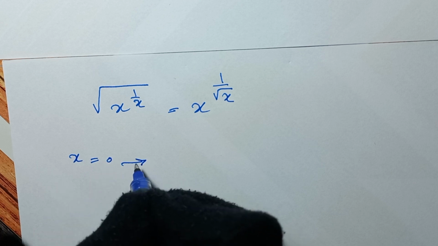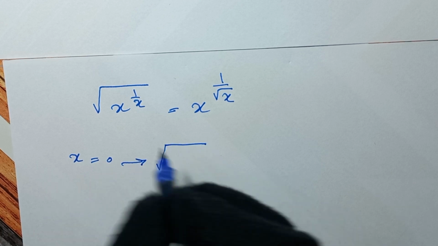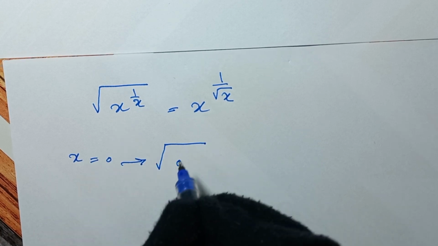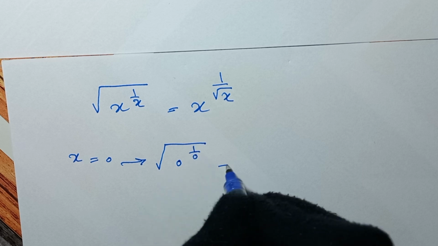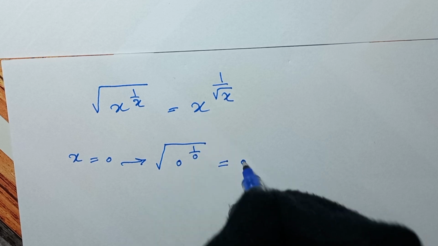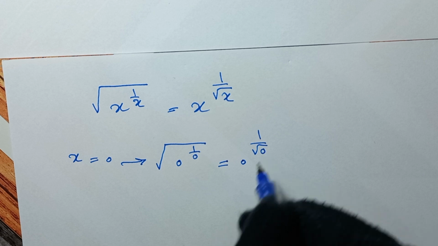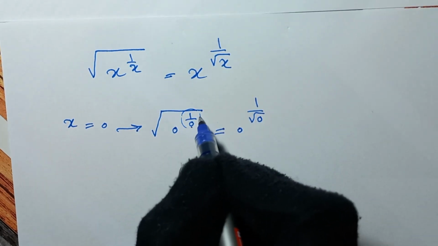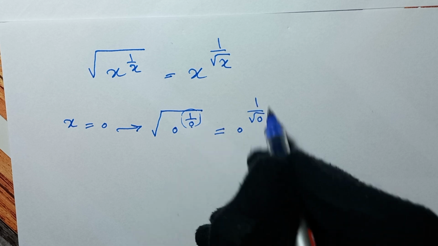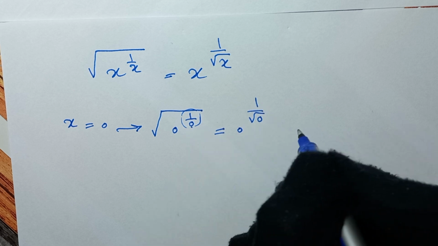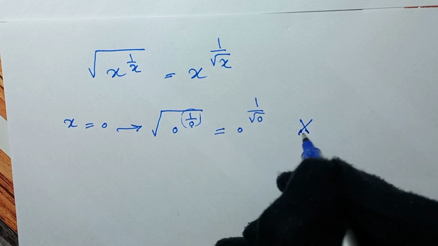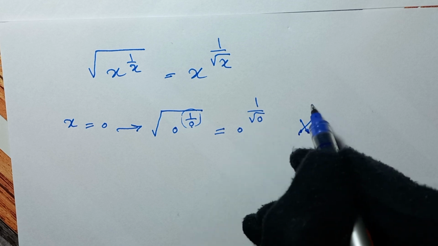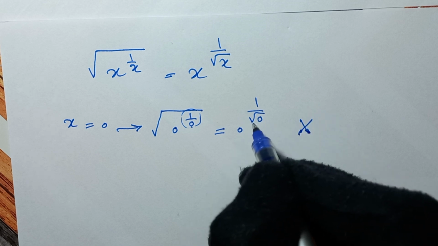So it will be square root of x is 0. 0 to power of 1 over 0 is equal to 0 to power of 1 over square root of 0, right? So in here, this fraction 1 over 0, the denominator is 0, and also for this, the denominator is 0. So we reject this answer. So the denominator is not acceptable, right?